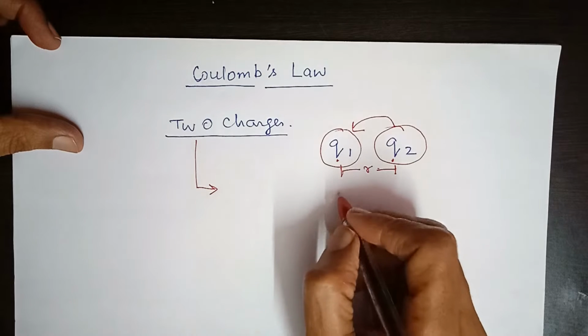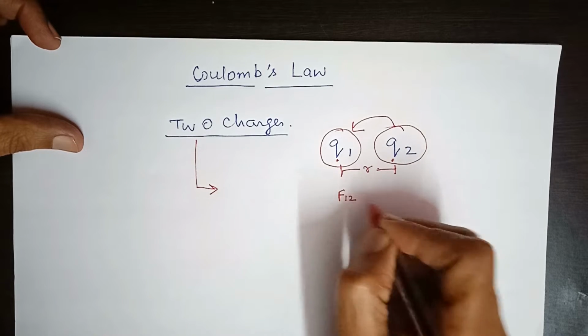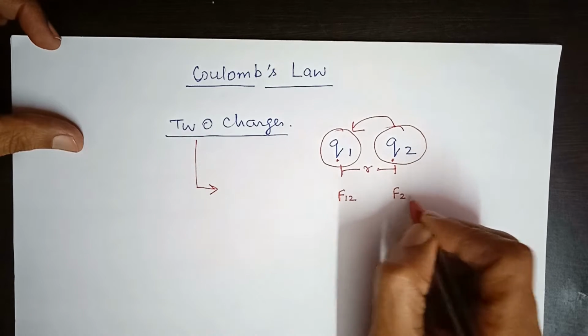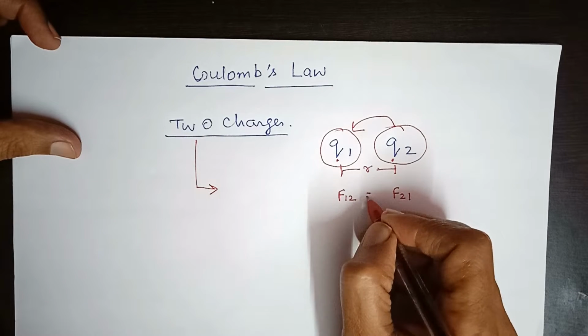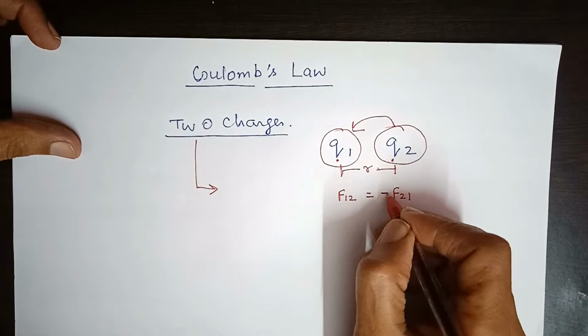So these forces F12 and F21 are both equal and opposite in direction.